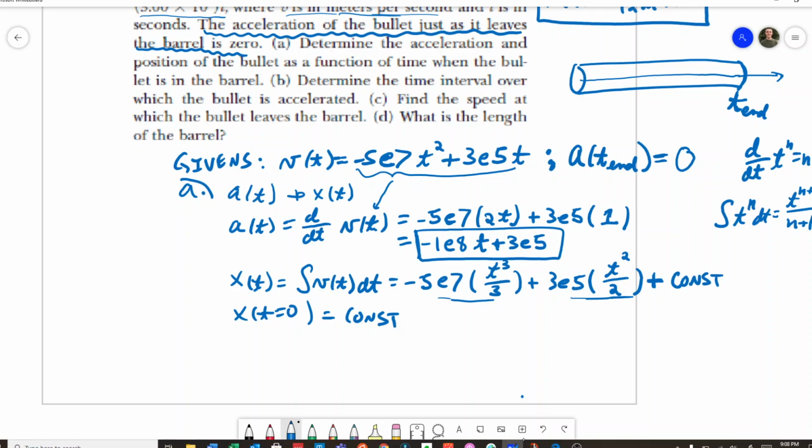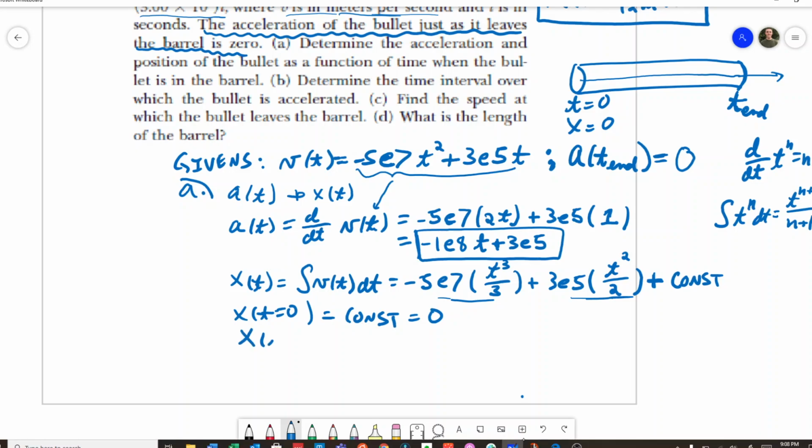And what I want is the simplest one possible. Why don't we pick t equals 0, where the velocity of the bullet just starts out, and we might as well just call that x equals 0. Why not, right? Then our constant goes to 0. So we'll just set that to 0. I'm free to pick whatever coordinate system I want.